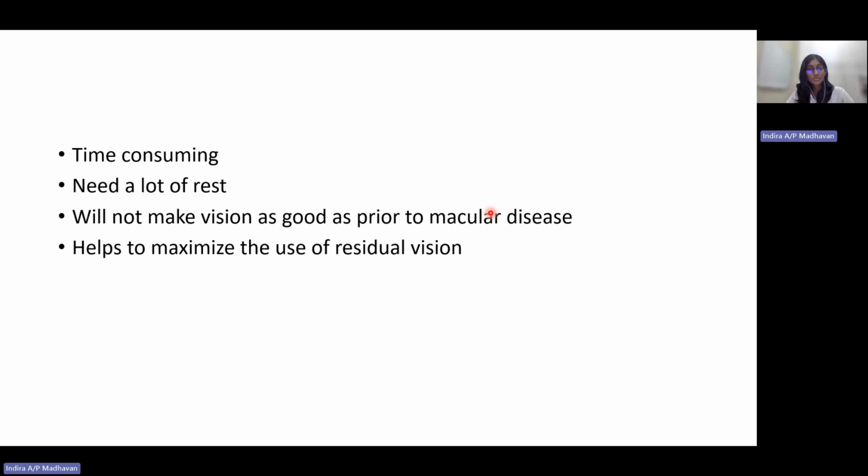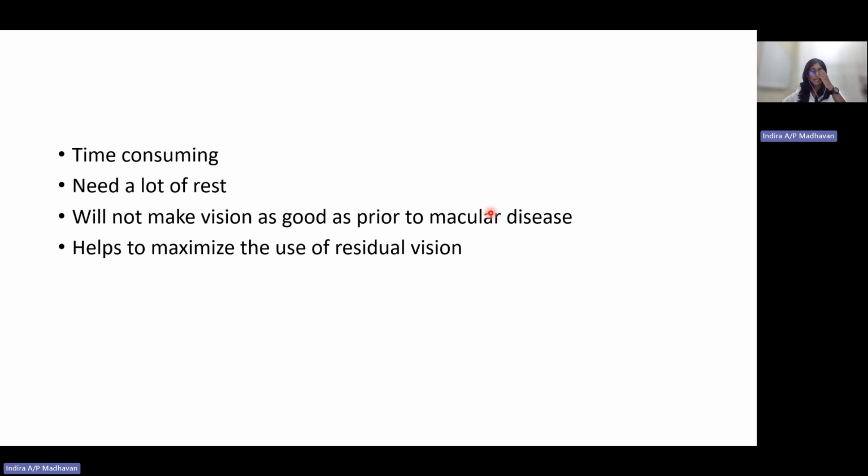They just do it for 2 or 3 minutes, and that is good enough to train them. 2 to 3 minutes is the maximum training that we provide to the patient on a daily basis. It cannot be 3, 4, 5 hours. It will not make vision as good as before the macular disease.